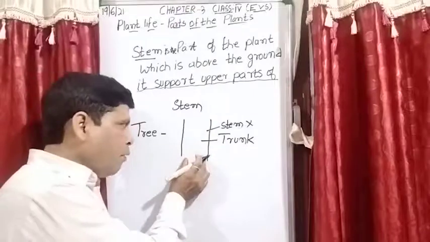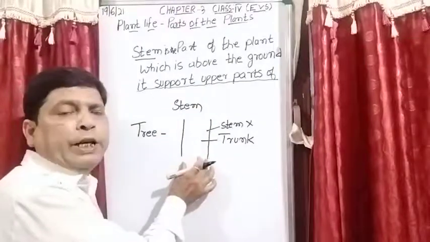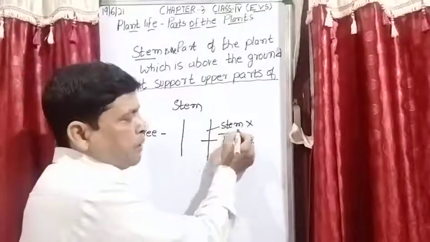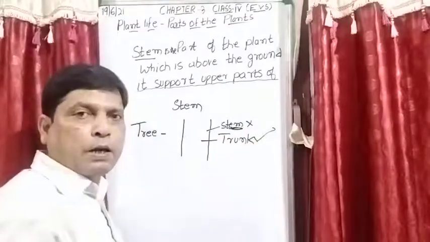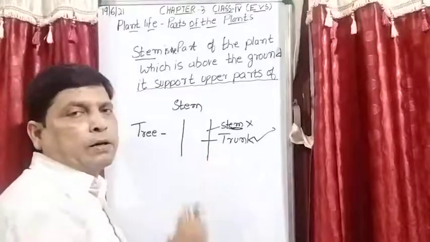In other plants like herbs, shrubs, climbers, creepers, we use the word stem, but the stem of the trees is very tall, thick and woody. That is the reason in place of stem we will say trunk. Is it clear? So in a big tree we say trunk.